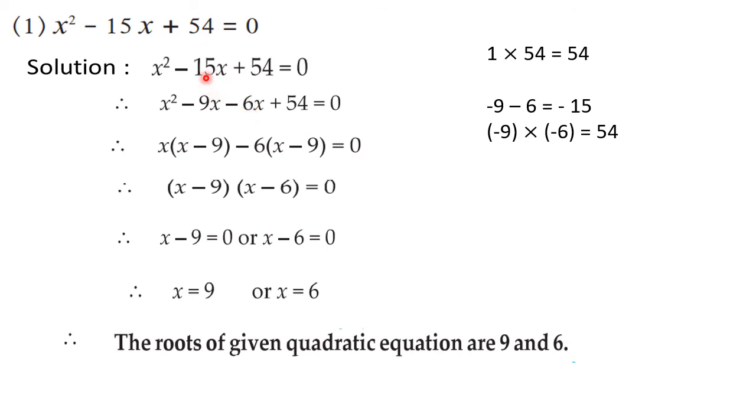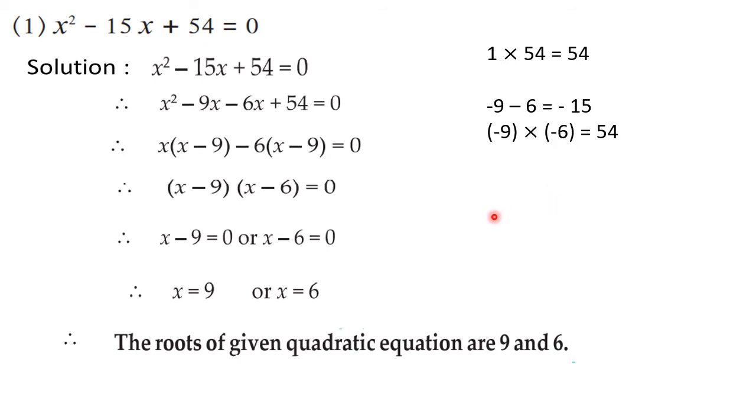For 15, why we have not taken 5 and 3, or for 54, if other factors are also there, like 27 twos are 54, why we have not taken that? Why we have taken 9 and 6 only? So for that purpose, this explanation is given. Writing this part is not compulsory. Please take a note of this.